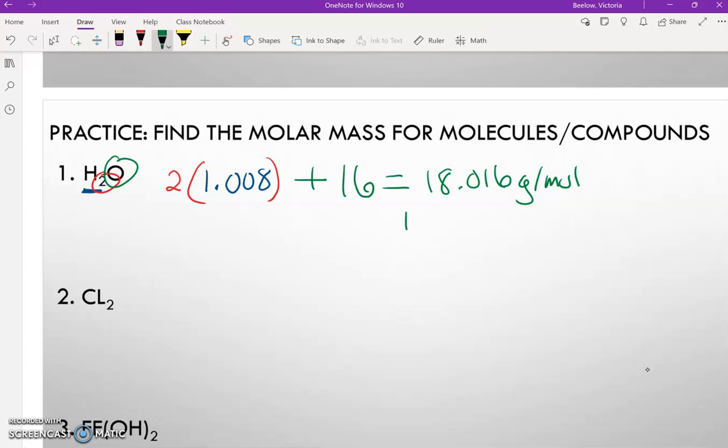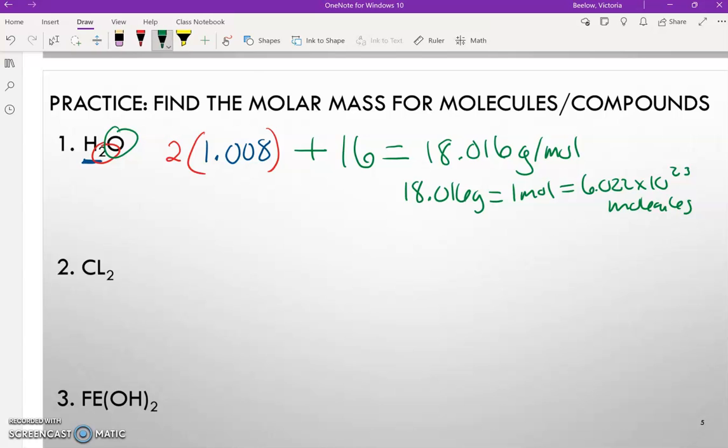Again, you can say 18.016 grams is equal to 1 mole, and this is also equal to Avogadro's number, which tells us how many molecules or atoms would be present. All right, so that's water.